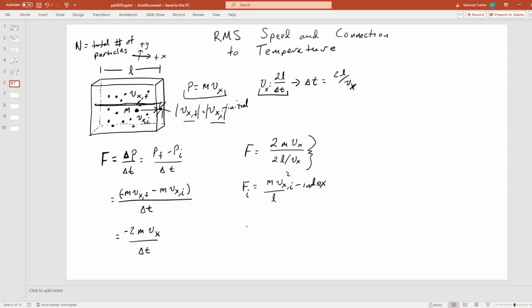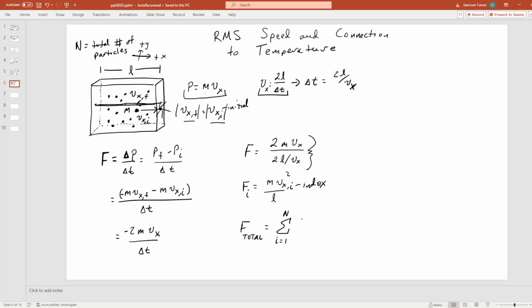And so then the total force is the sum of this across all of your particles. We want to go i equals 1. So i is our index. We start with our first particle and go up to the total number of particles in the container.